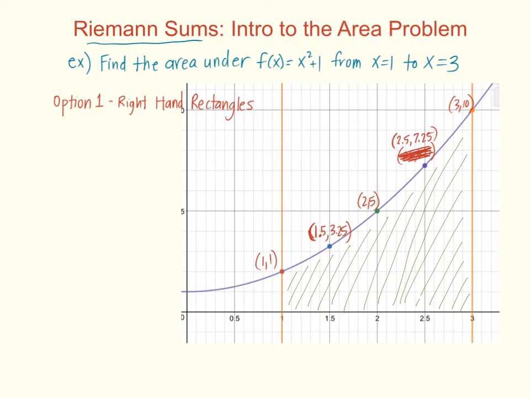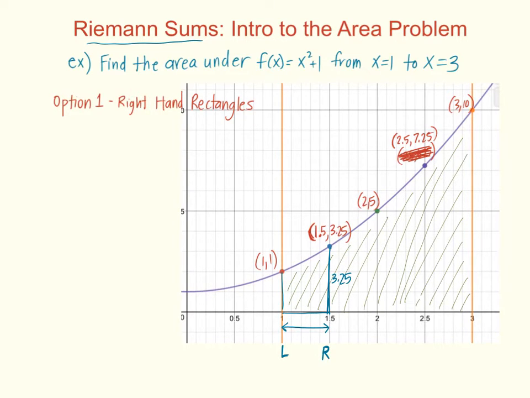My first rectangle, all right, I'm trying to deal with the region from 1 to 1.5. 1 is the left-hand side of that interval, and 1.5 is the right-hand side of that interval, obviously. The way I'm going to get an approximation for that area, the green shaded area between 1 and 1.5, is I'm going to go to the right-hand side of that interval and figure out how tall the graph is right there, and that's 3.25.